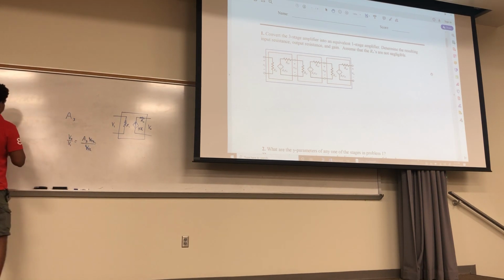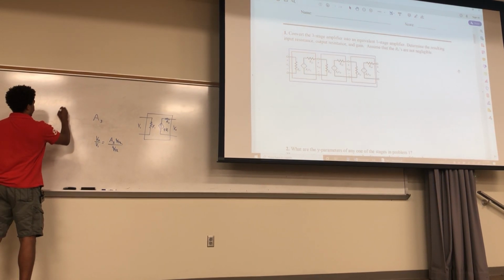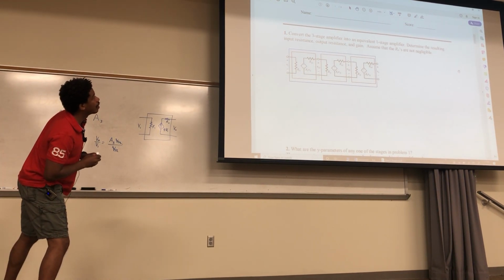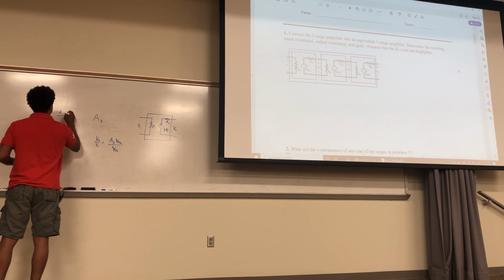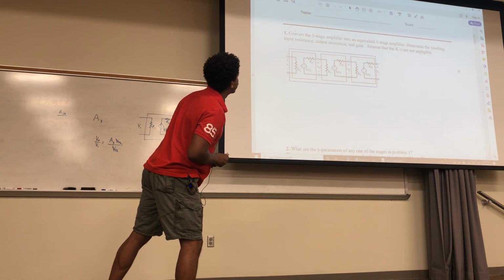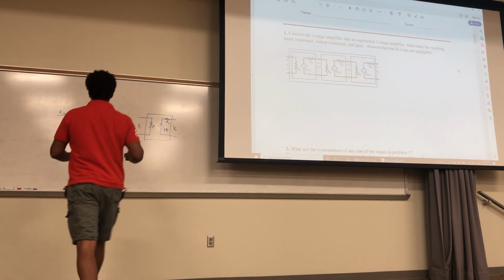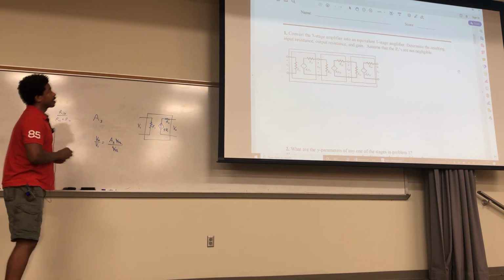That output here is going to be RI3 divided by RO2 plus RI3, right?